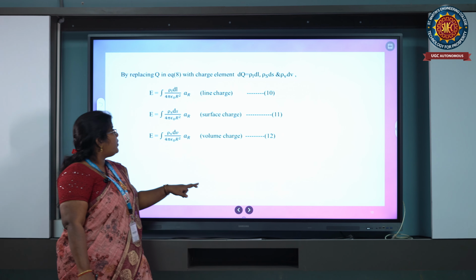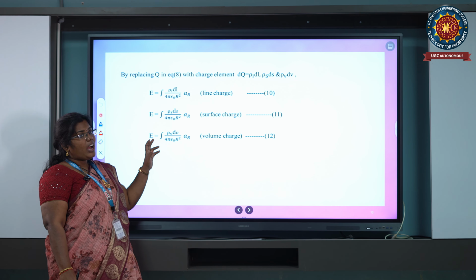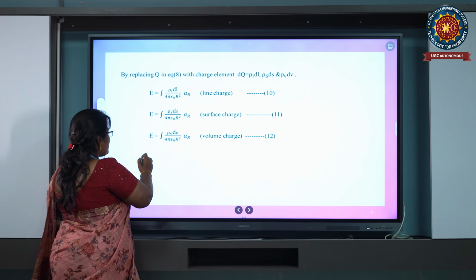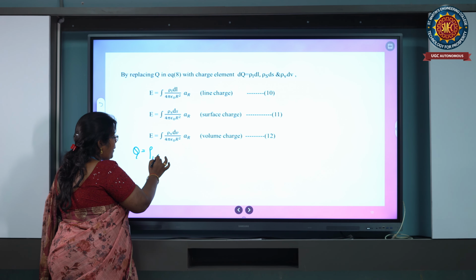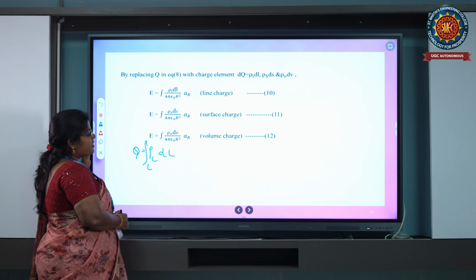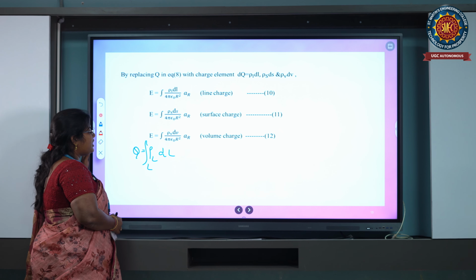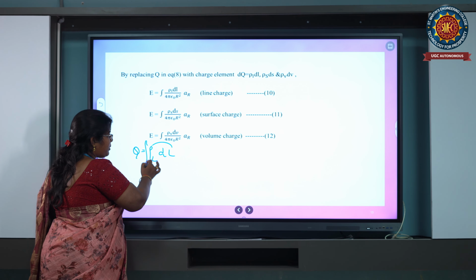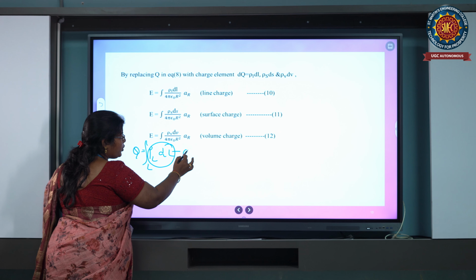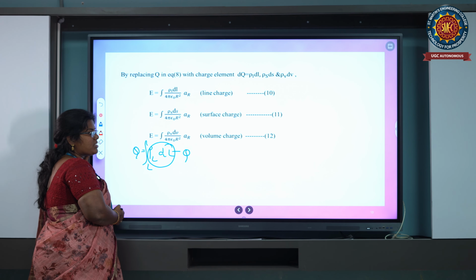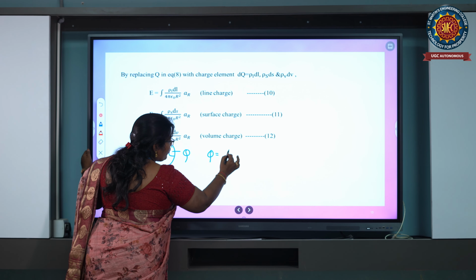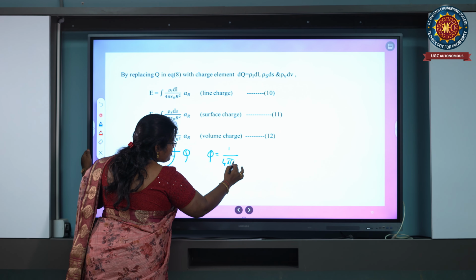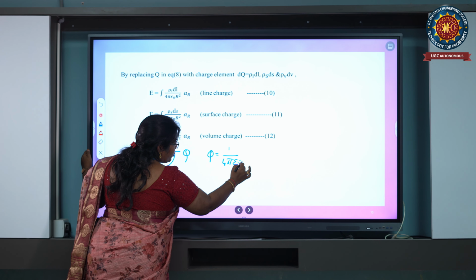Okay, next, as already said, the charge q is the integral over L of rho L dl. This rho L is the charge at the location of q, which we can identify with q equal to 1 by 4 pi epsilon naught r square.